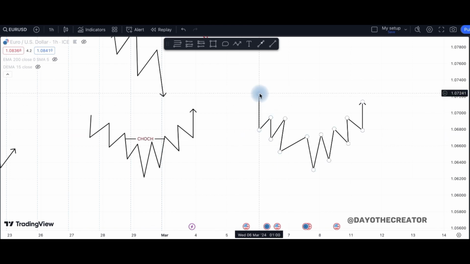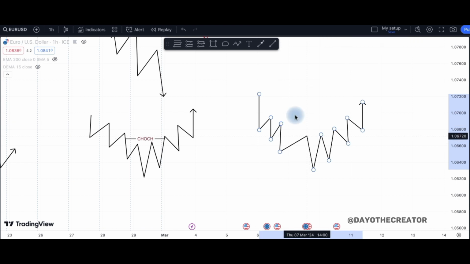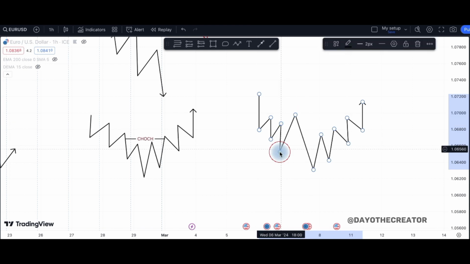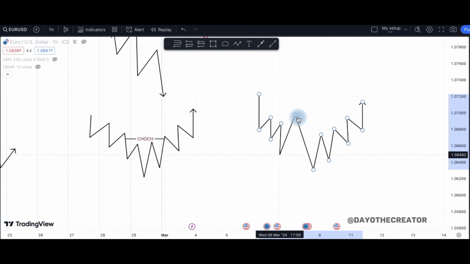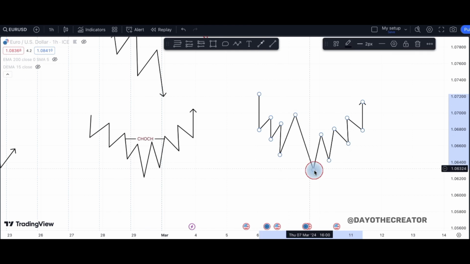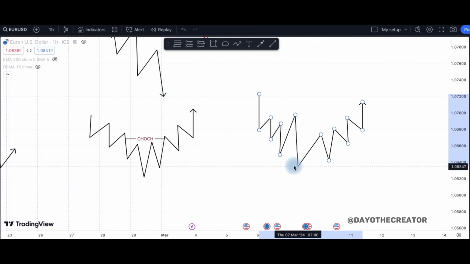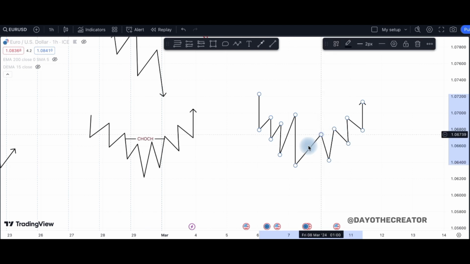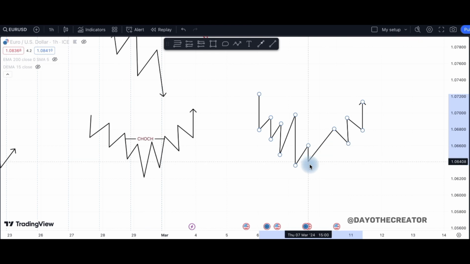The market creates a higher high, then goes internal, then creates another higher low, then goes and creates a new higher high, then still goes down to create little internal structures.